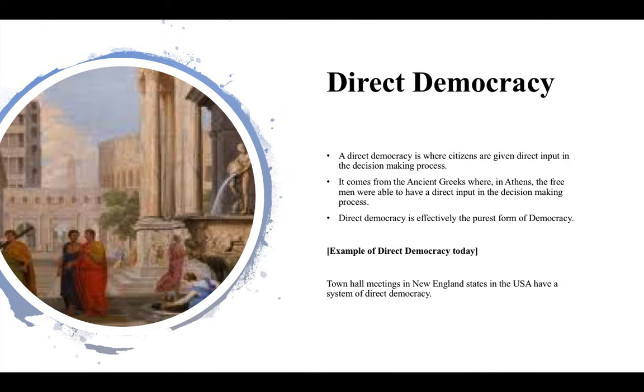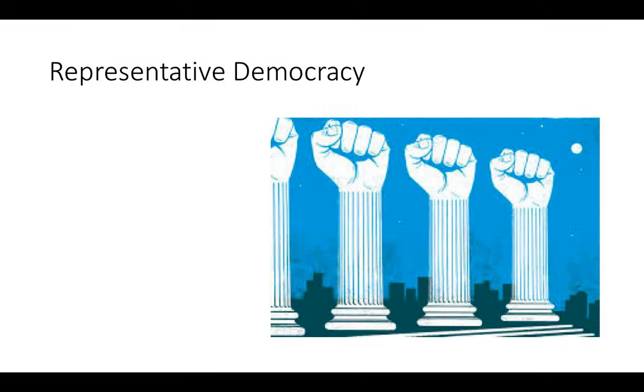A referendum, or referenda, the plural, can also be seen as a kind of direct democracy, and we'll look at referenda more in a separate video. The idea of a referendum is the people having a say on a particular decision, which is effectively what a direct democracy is. Another kind of democracy is a representative democracy.